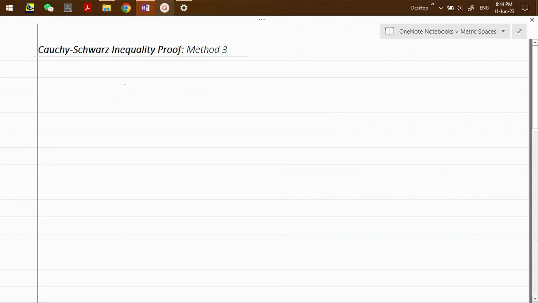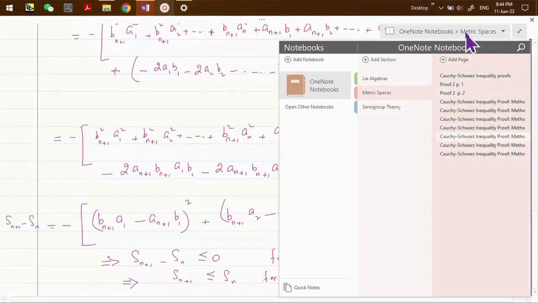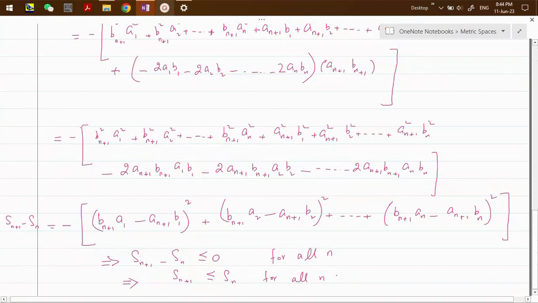And then we can have Sn is less than or equal to Sn minus 1, because we know that this is true for all n.